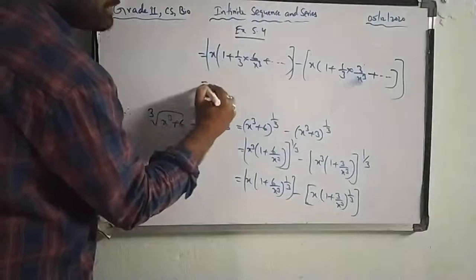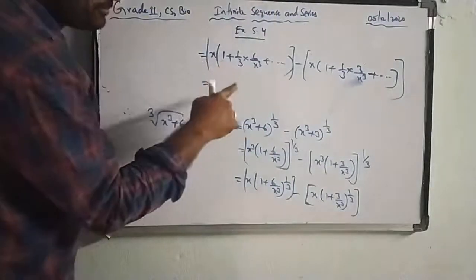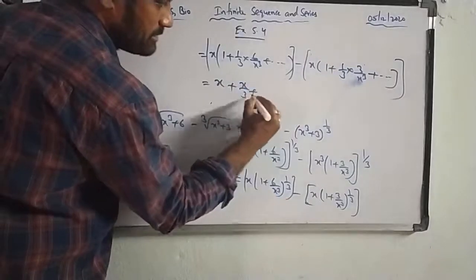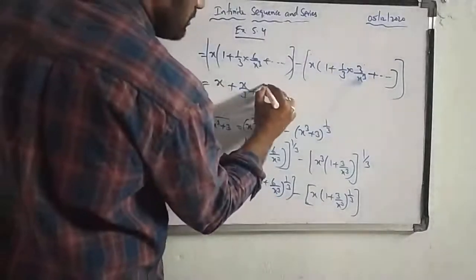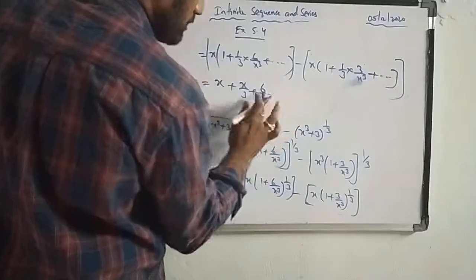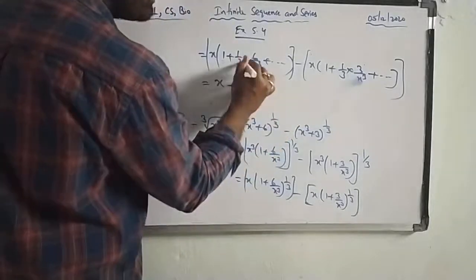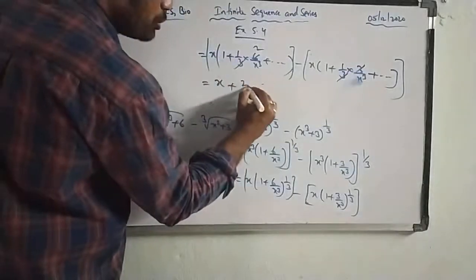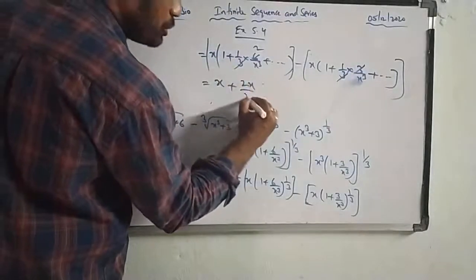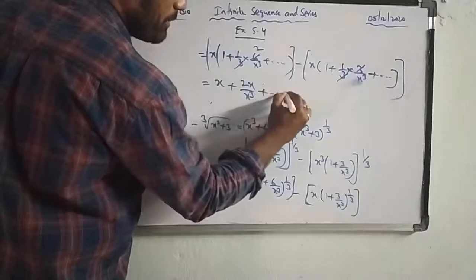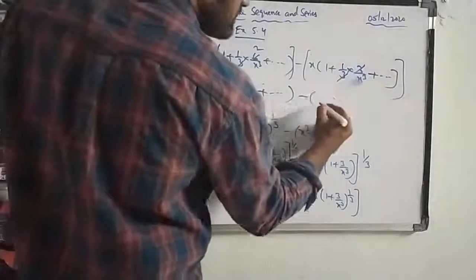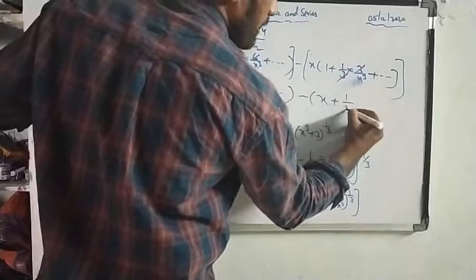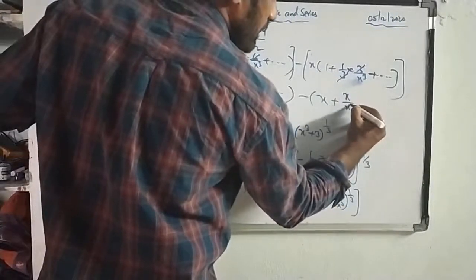So if I expand this, then it will be x plus x by 3 into 6 by x cube, 3 ones, 3 twos, 3 gets cancelled. So it will be 2 by x cube plus so on, minus x plus 1 by x cube.